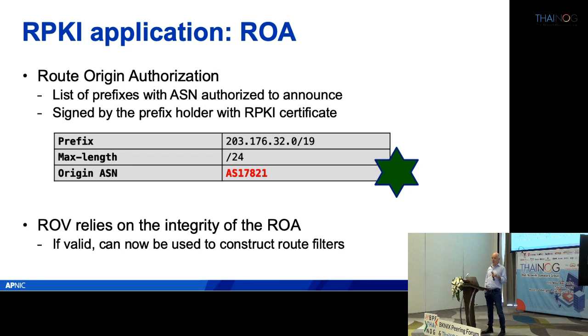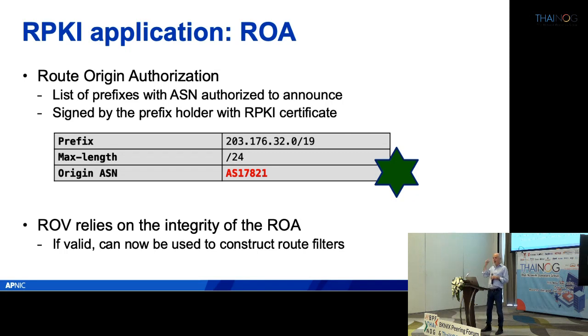A ROA, a route origin authorization, is a record which says that as an IP address holder, you give authorization to certain ASNs to route your IP address space. And that record becomes signed by your RPKI certificate, so it becomes a secure object in itself.